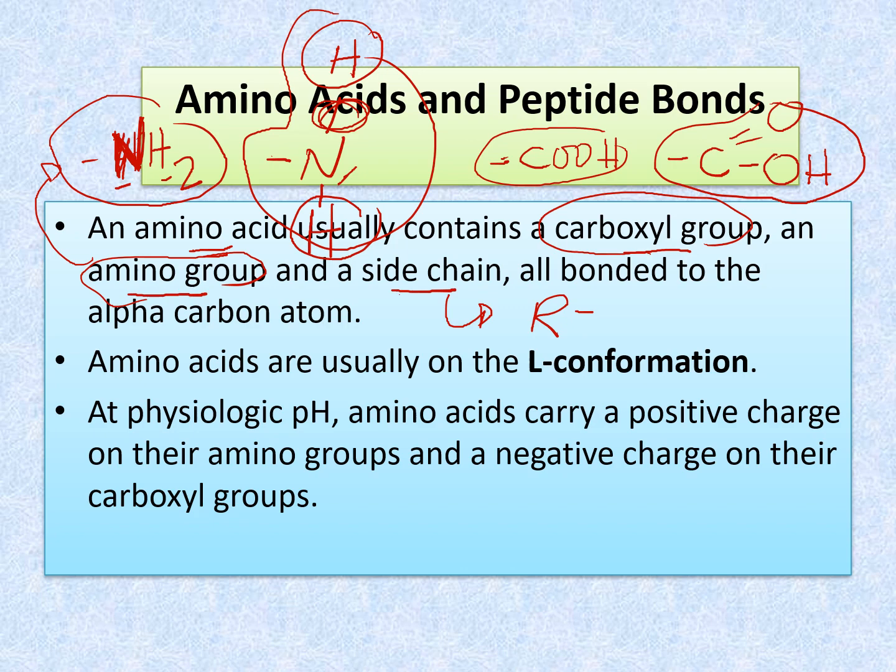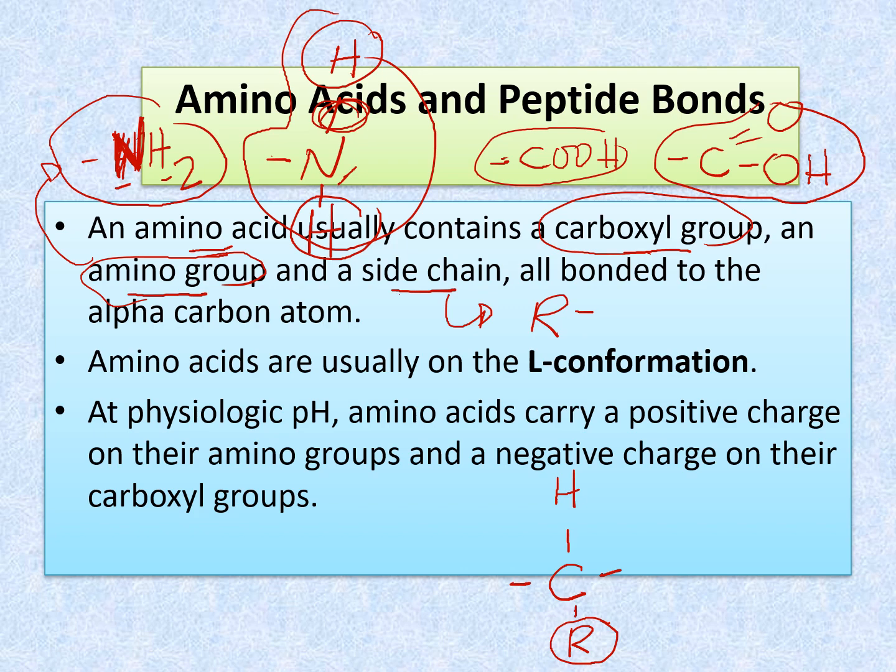But anyway, if we would complete the structure of a specific amino acid, we will be able to write it in this way. You have a central carbon atom, which we've already talked about in the previous video, being attached to one hydrogen atom and to a specific side chain. Again, the side chain will vary. It could be a side chain that is aliphatic, that is alkane, alkene, alkyne.